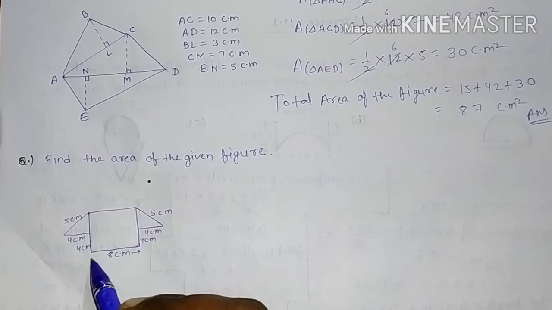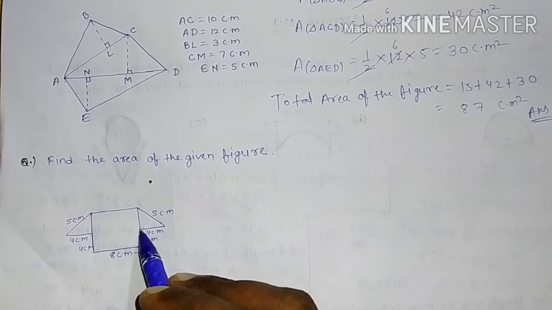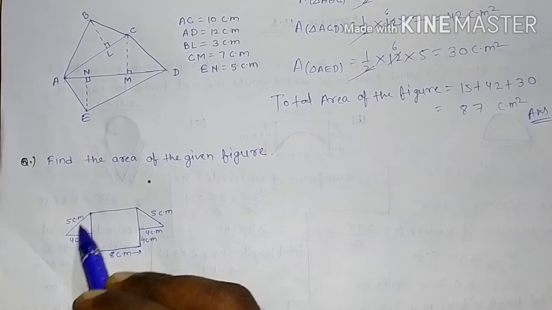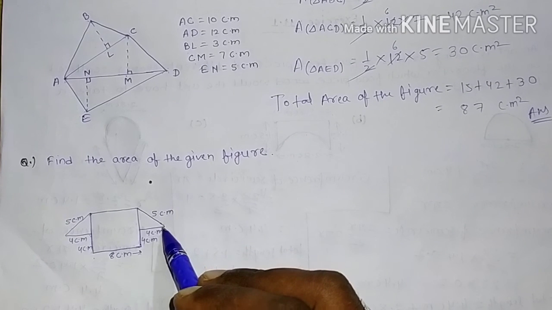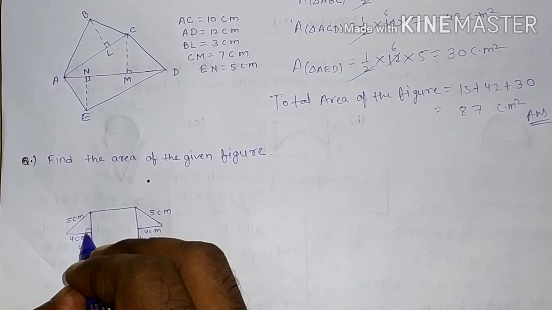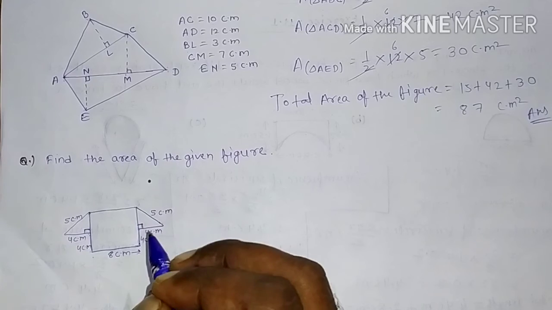So this is 8 centimeter, this is 4 centimeter and this is also 4 centimeter, and these two triangles are given, that is 5 centimeter and 4 centimeter. It will also be 5 centimeter and this is 4 centimeter. So this is a right angle triangle, this is 90 degree, as it looks like.